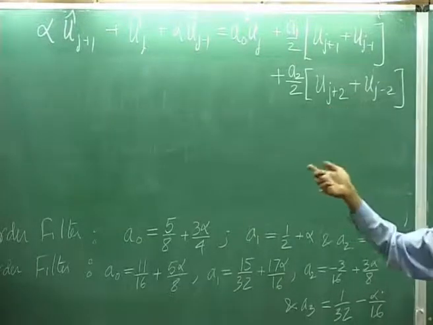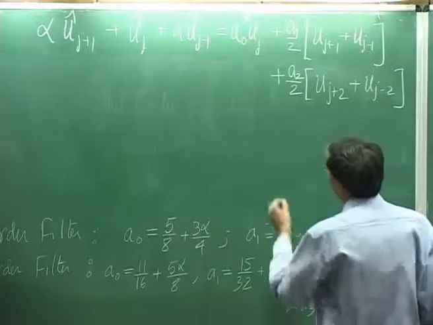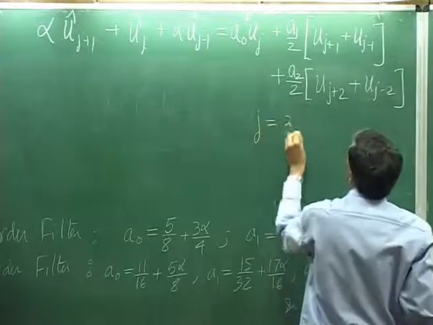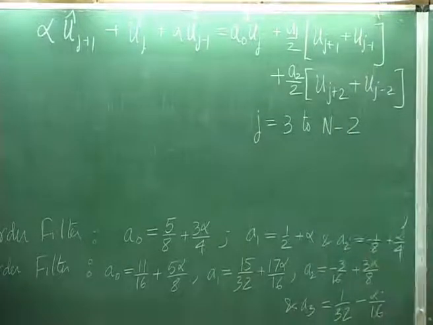But then we have to think of the following, that we can apply this from j equal to 3 to n minus 2 only. What happens to j equal to 2 and n minus 1? We cannot use this expression.